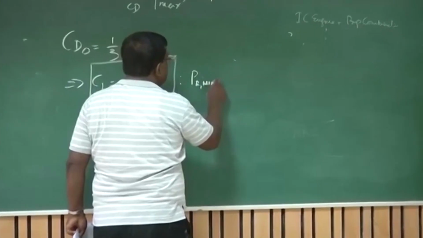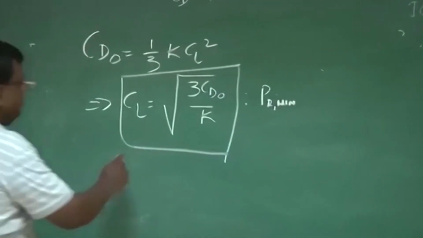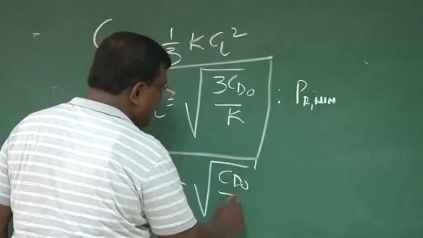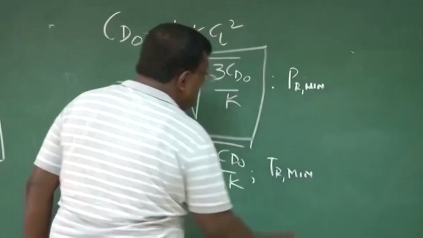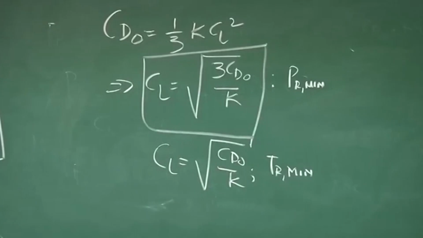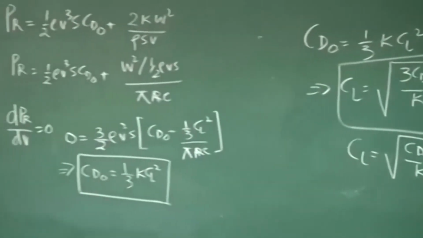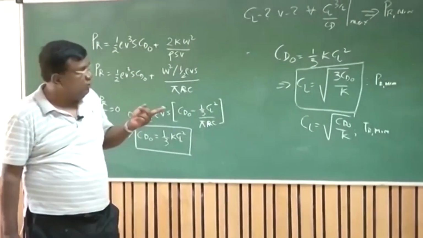minimum. Okay. What was it for thrust required minimum? For thrust required minimum, CL was under root CD naught by K. Now for cruise flight, if I am having same altitude, then in which case do I need more velocity?